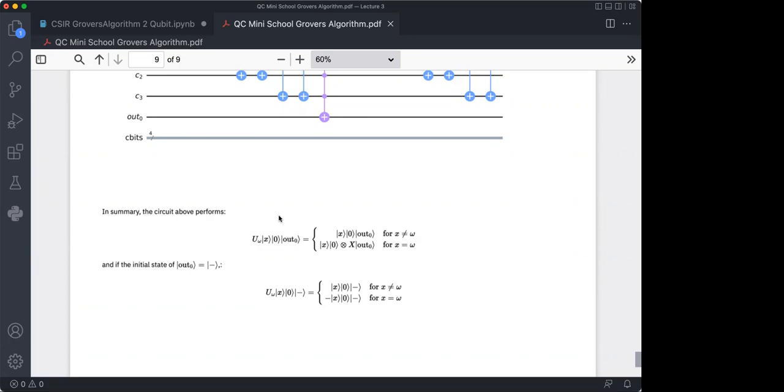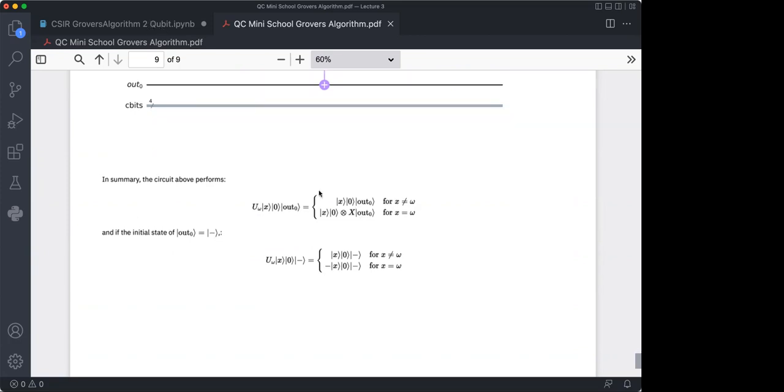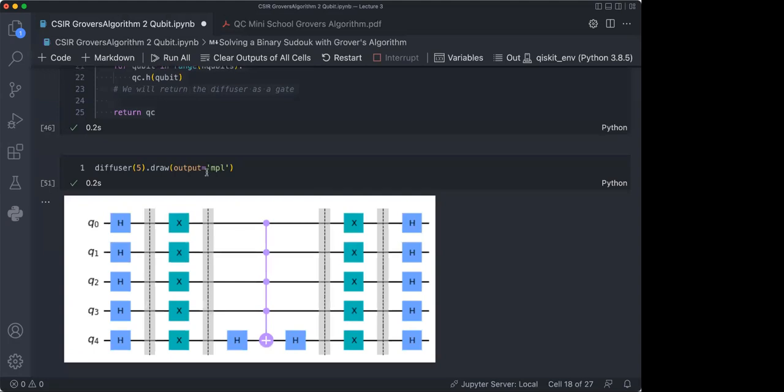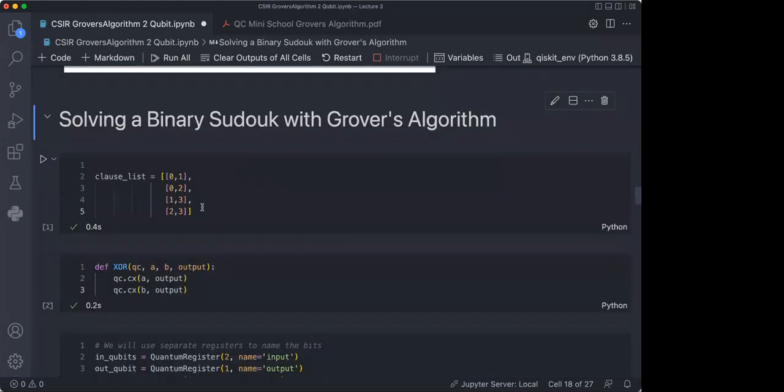So now let's go into Qiskit and implement this. To do this, we need to store the clauses, or what we want to check, in a list. So we want to check if 0 and 1 are the same, 0 and 2 are the same, 1 and 3 are the same, and 2 and 3 are the same.